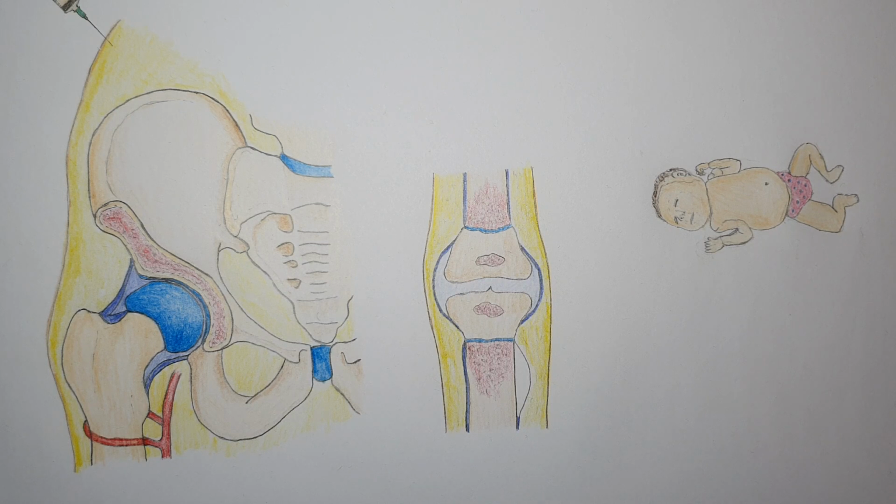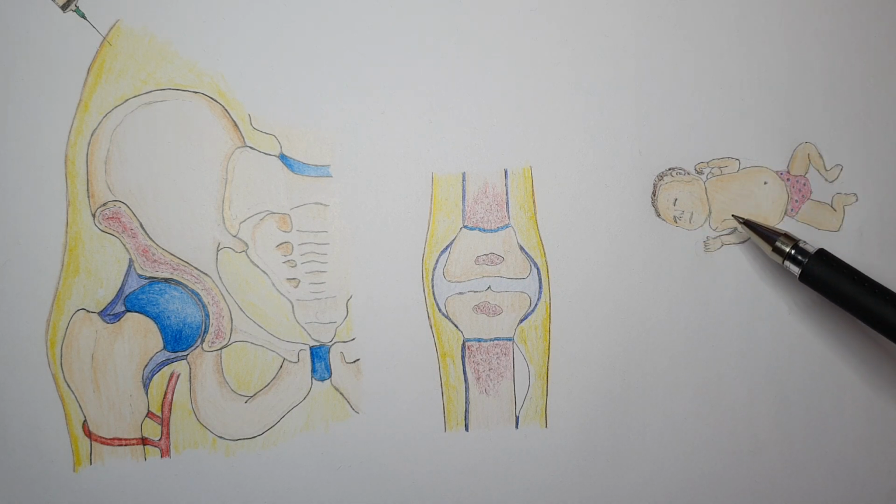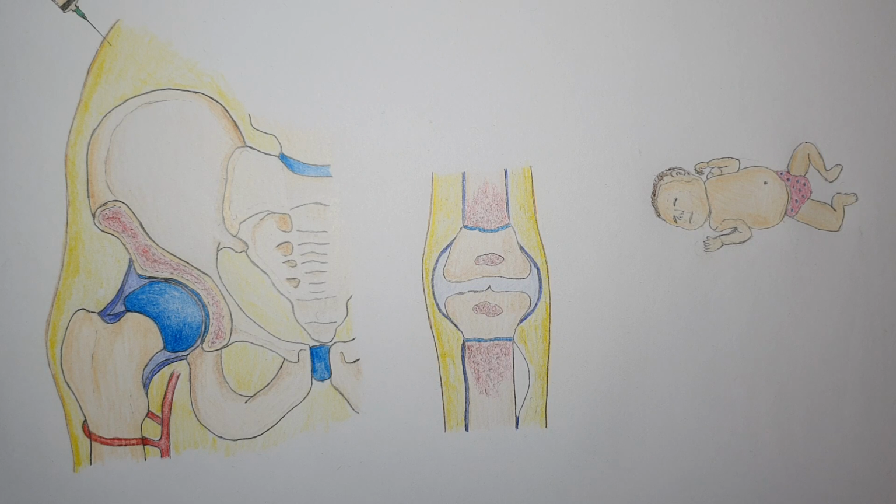So these first weeks and months of life and the first year of life, how does osteomyelitis happen in this population group? Hematogenous osteomyelitis is essentially a disease of childhood, especially in children that are in some way sick, malnourished, and so on.